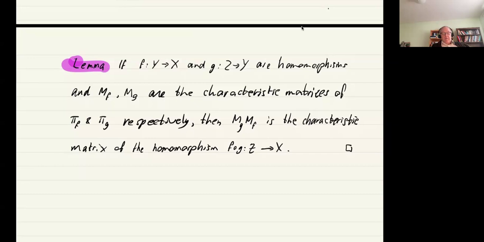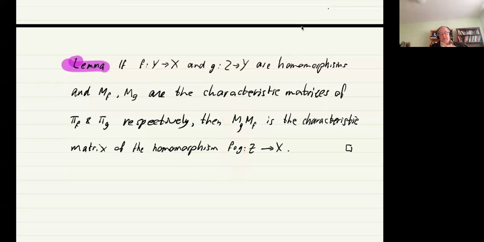So the claim here is if I've got homomorphisms from Y to X and from Z to Y with characteristic matrices MF and MG, then this product is the characteristic matrix of this composed homomorphism.